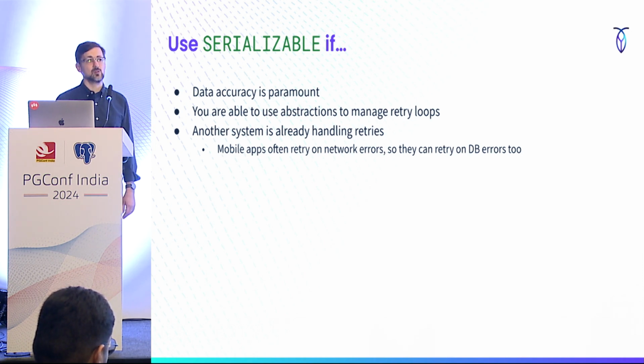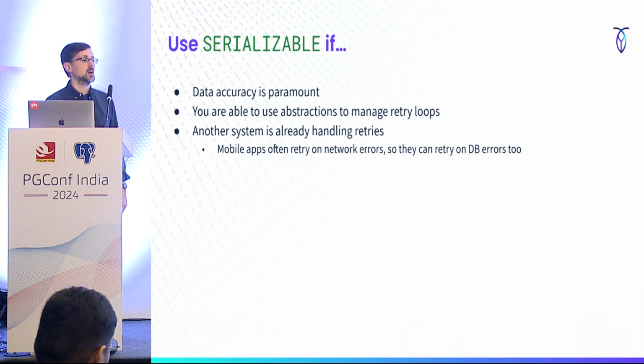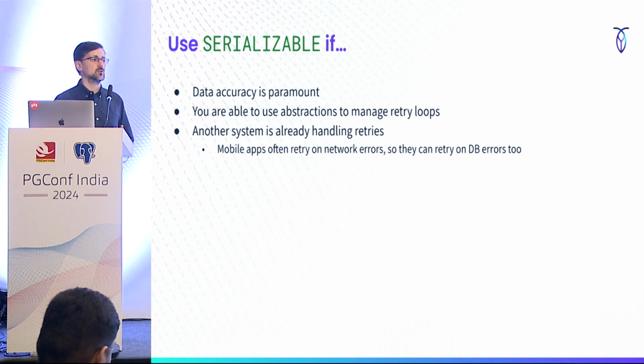On the other hand, in order to use serializability, you do have to deal with these retry errors that can come up. And so if you are able to architect your application from the beginning to have these retry loops implemented in a centralized way, that can really go a long way to making it easier for you to use serializability. Another interesting thing that comes up sometimes is that there's another retry loop already going on in your application.